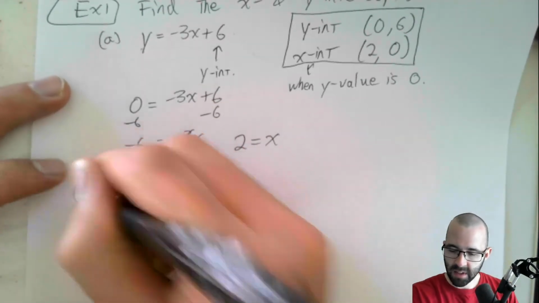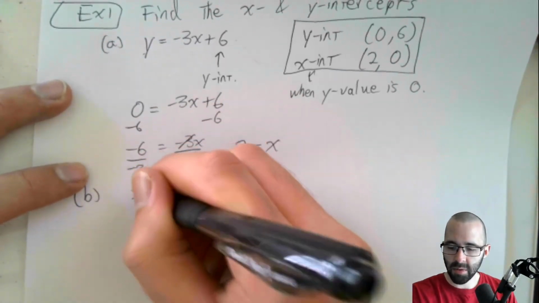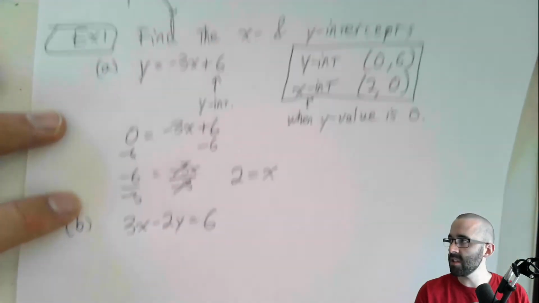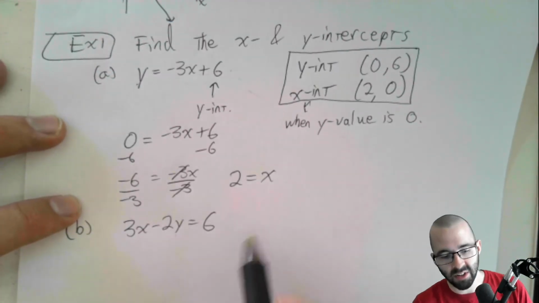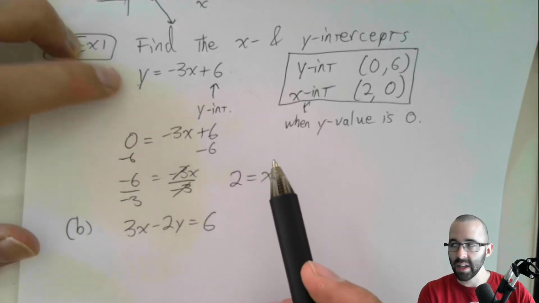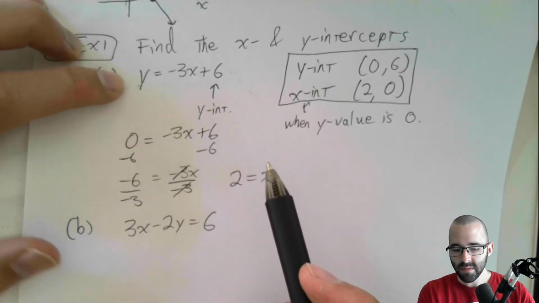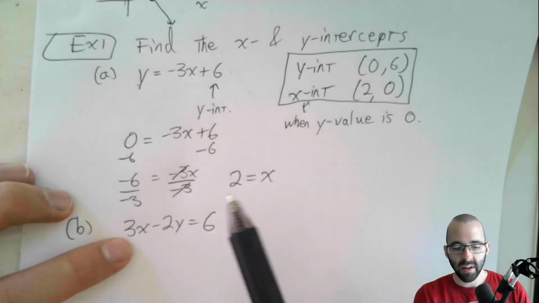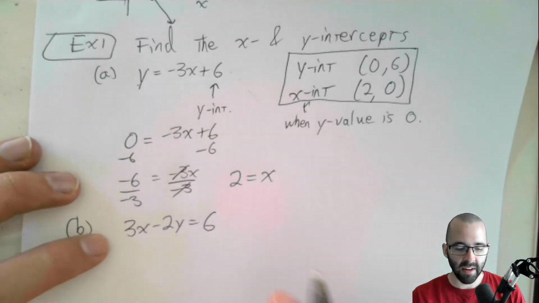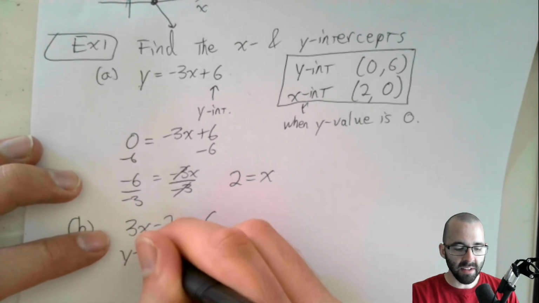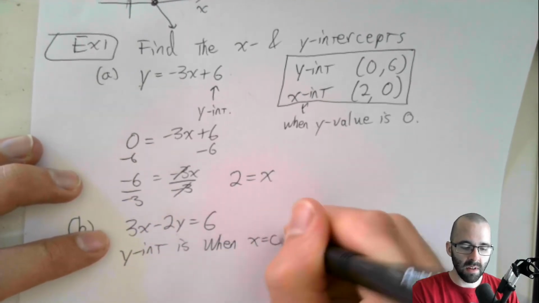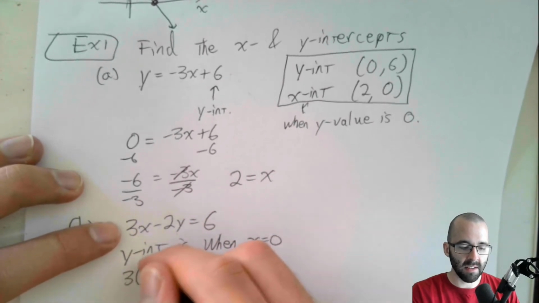Part B, a different kind of line: 3x minus 2y equals 6. Just like last time, well, a little different, if you want to put it in slope-intercept form first, you immediately get the y-intercept. But I'm going to be a little lazy and not do that. Again, the y-intercept is when x equals 0, so just plug in 0 for x.